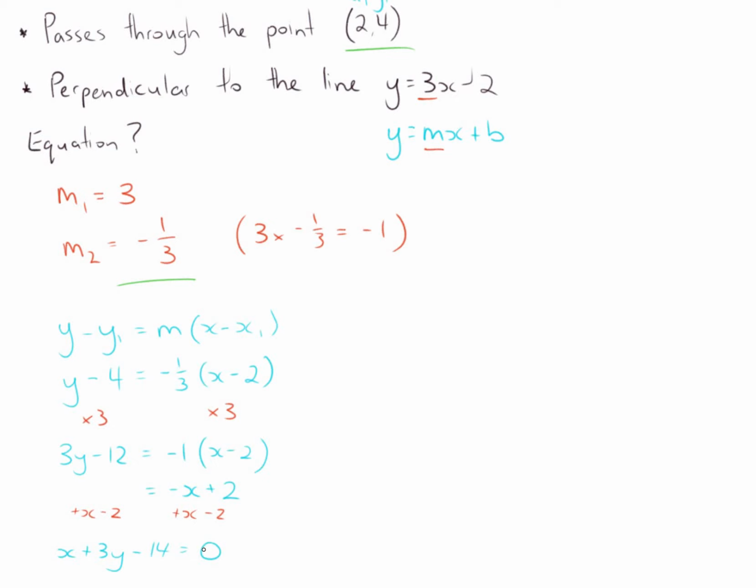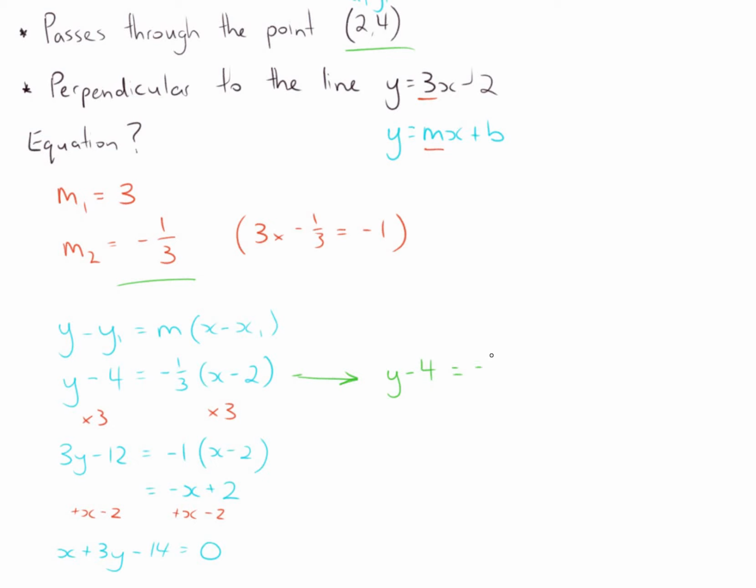Now if we did want to graph this, we might find it better to put our equation in y equals mx plus b form. Or let's just say you were asked to put it in y equals mx plus b form. Back at this step here, instead of getting rid of the fractions, y equals mx plus b form is where we want to have y on the left hand side. And it's already there, it's just got a minus 4 attached to it.